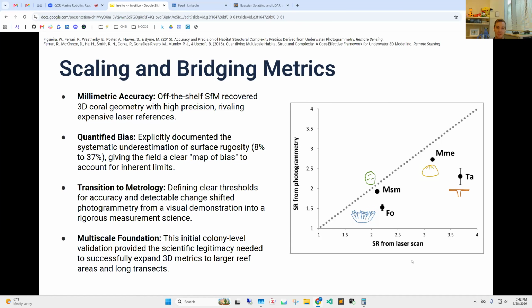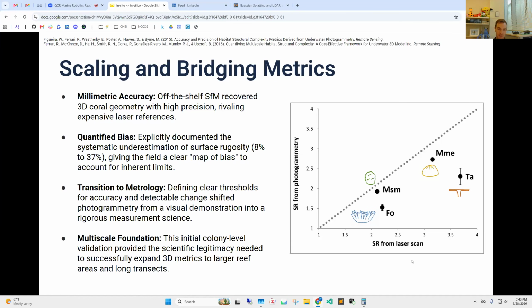In their paper, they systematically mapped out the underestimation of surface rugosity, and they showed that there was an underestimation of 8 to 37%. This gave the field a transparent baseline to understand and account for these inherent limits within structure from motion.